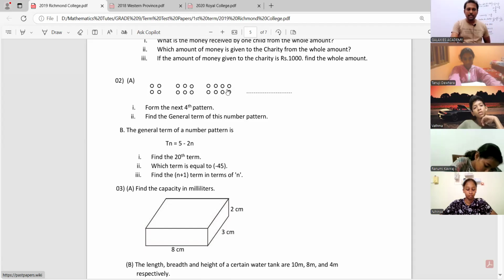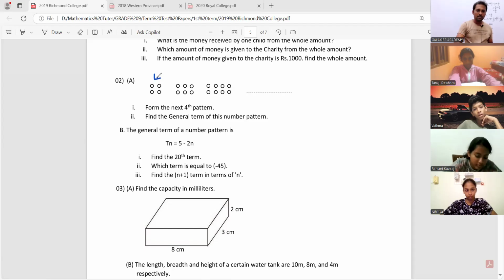The first three patterns are given, right? This one has 4 dots, here 6 dots, here 8 dots. Then in this position you have to draw 10 dots, right?